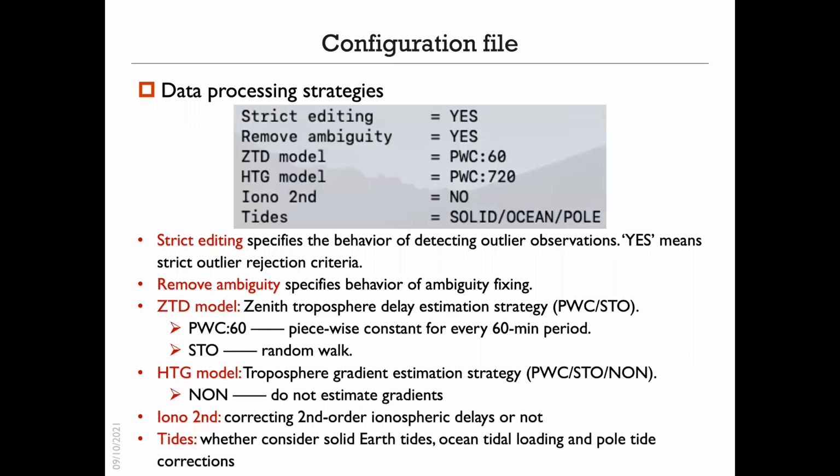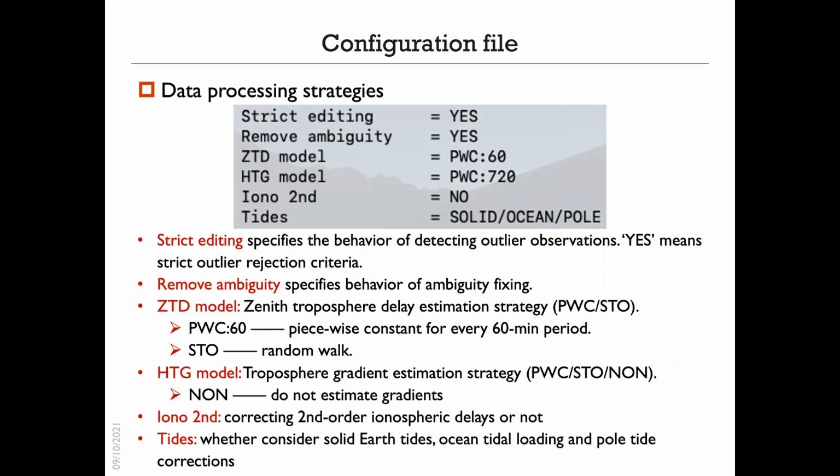Why do we need to indicate these options here? Because normally when you process some ground station, like 24-hour static data processing, you need to correct for solid earth tides, ocean tidal loading, and pole tide. But for some moving platforms like airplanes, which are not connected with any ground stations, it's over the sky, in the sky.